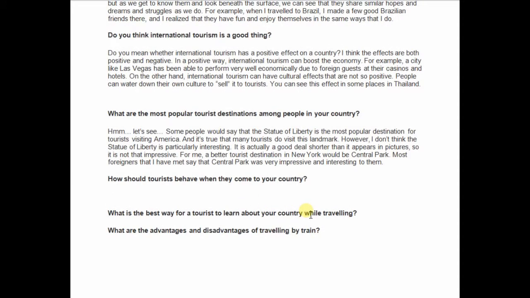How should tourists behave when they come to your country? Okay. Let's rephrase it here. You mean, how should they act in order to be polite and not offend people?